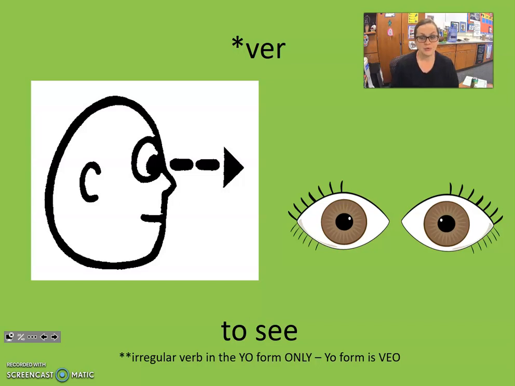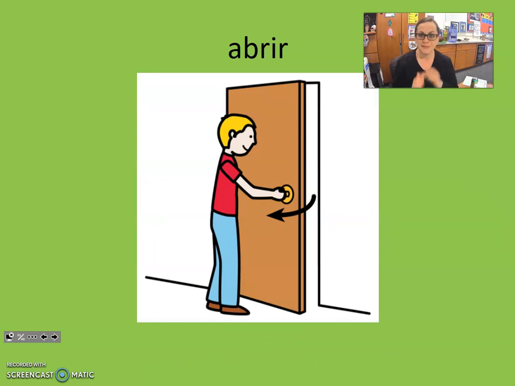In the yo form only, instead of taking off the ER and adding back just an O, it's actually going to maintain an E. So it's going to say veo, yo veo, I see. So write down that the yo form will be veo, okay, for your activity that you're going to do later this week. Veo.